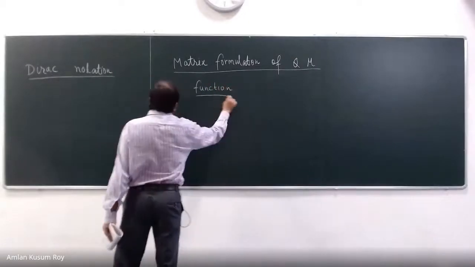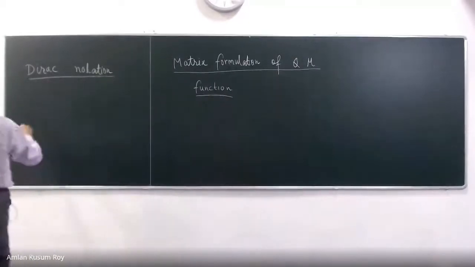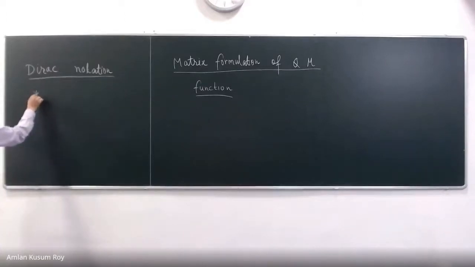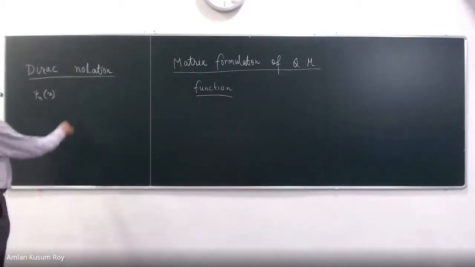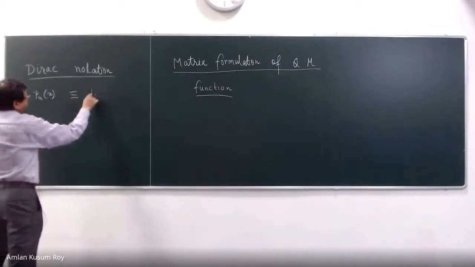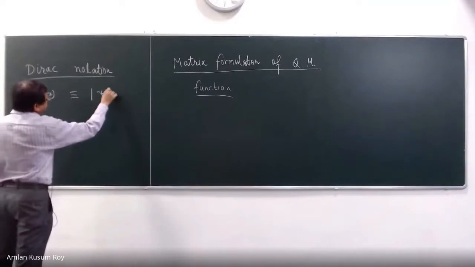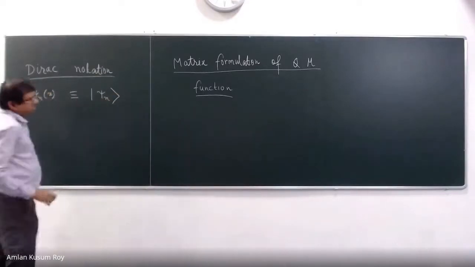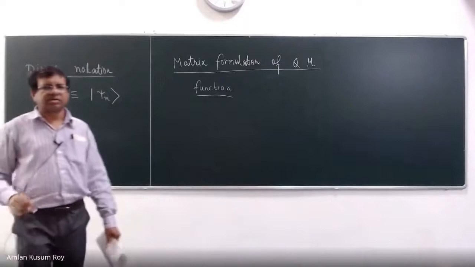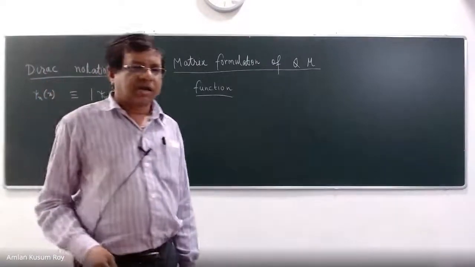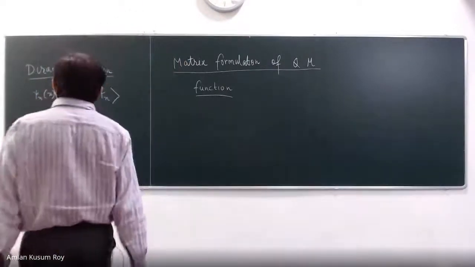In the Dirac notation, you have a function, say psi n of x. You write this as a ket.